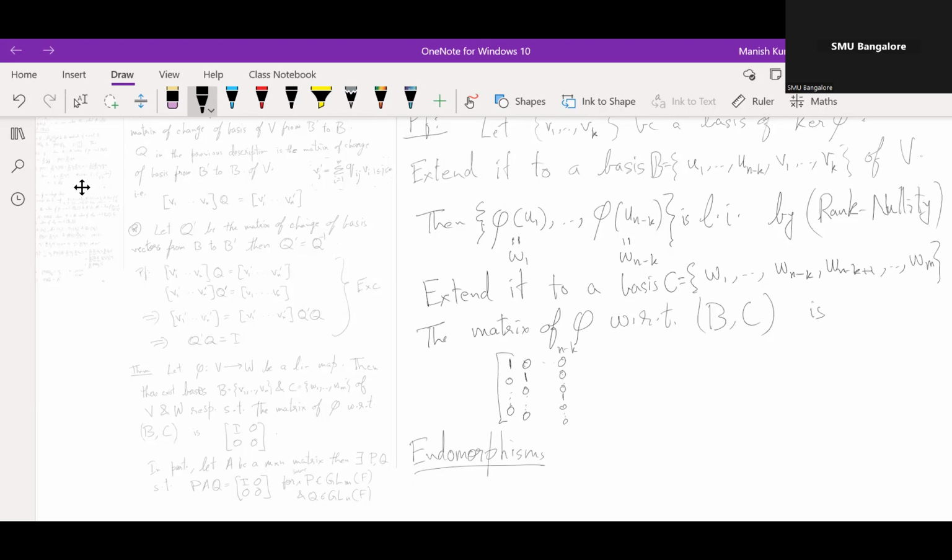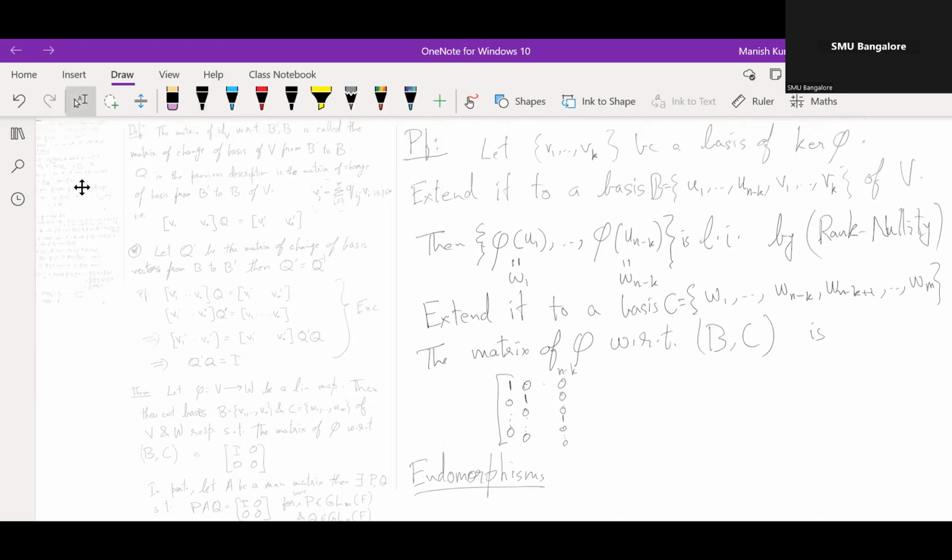Now what happens to phi of V1? What is phi of V1? It's 0, right? Because the Vi's are in the kernel of phi. So phi of V1 is 0. So this whole column is going to be 0, and so on. So the rest is 0.